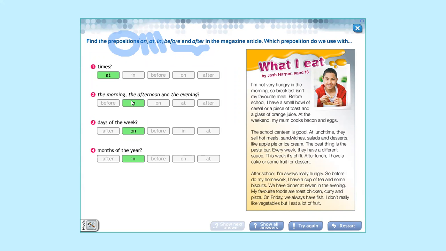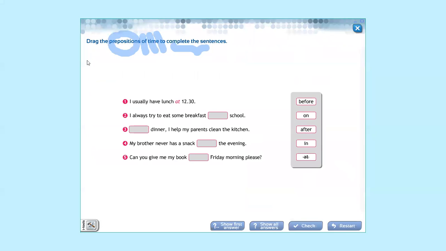That is the difference. In the morning, in the afternoon, in the evening. Only night is the difference: you say at night. When we talk about days of the week: on Monday, on Tuesday, on Saturday, on Friday. Months of the year: in January, in February, in March, in September, in November, okay? Those are the times that we use in this case.